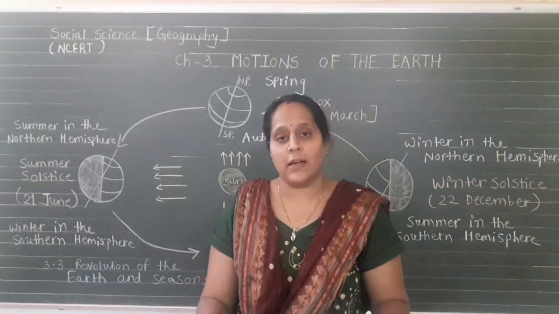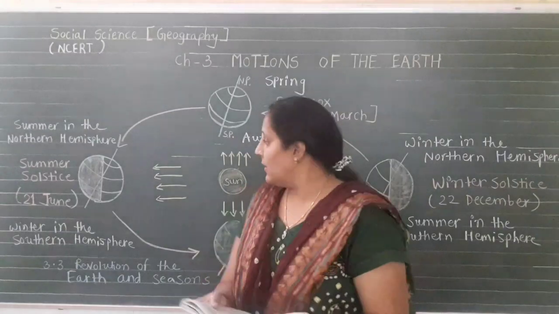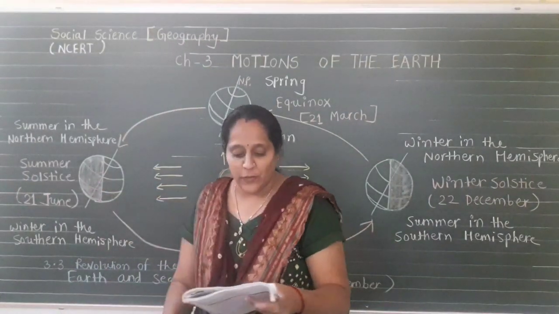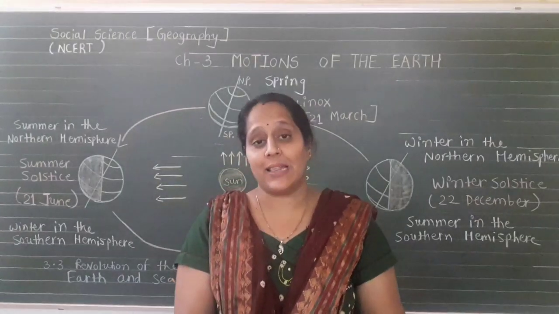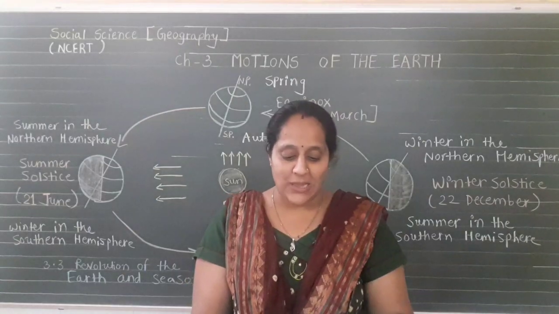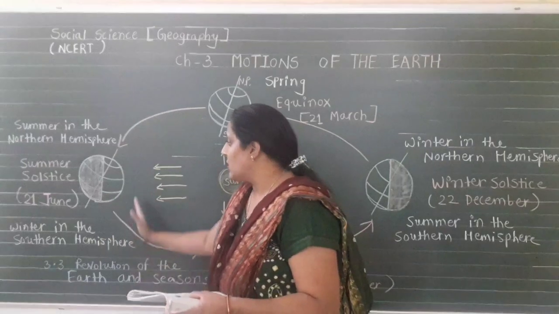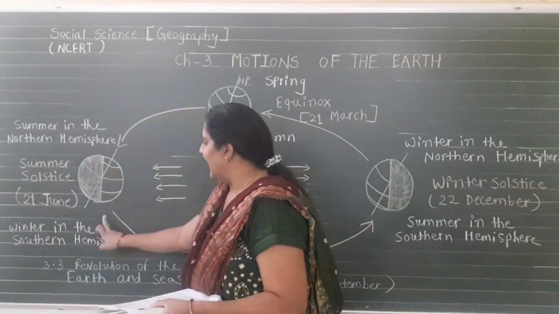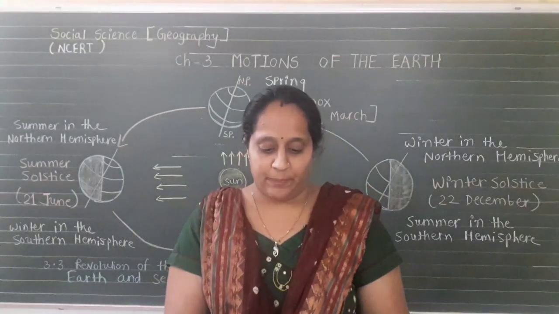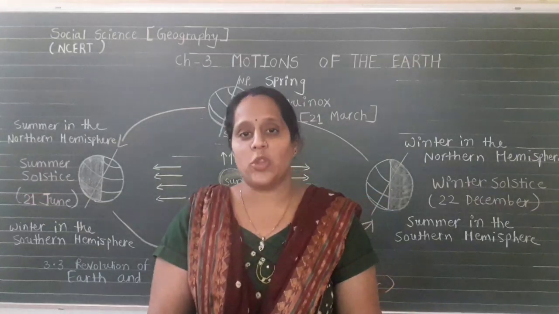The rays of the Sun fall directly on the Tropic of Cancer. This is the Tropic of Cancer, the upper part of the northern hemisphere. As a result, this area receives more heat. The area near the poles receives less heat because it is tilted, so the rays of the Sun are slanting.